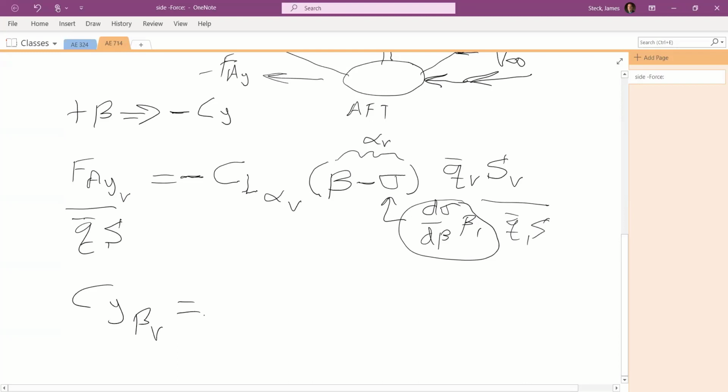So you pull beta out from here, and you pull beta out from here, and then we collect everything that multiplies beta, and that's what we call Cy subscript beta. You can also think of it as taking the derivative with respect to beta, because if it's a linear model, then if you take the derivative with respect to beta, you get that term Cy beta V. So this is a nice, neat formula.